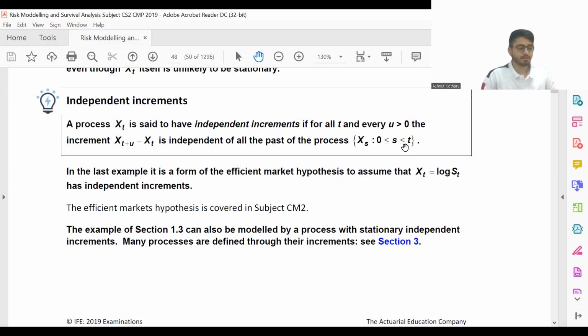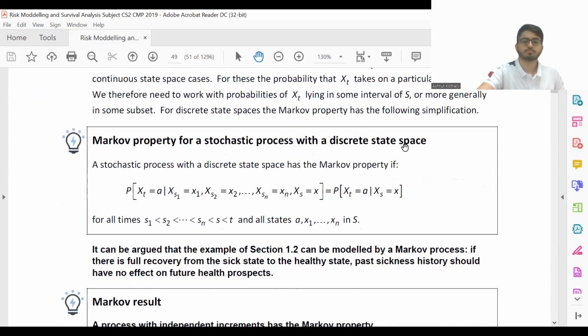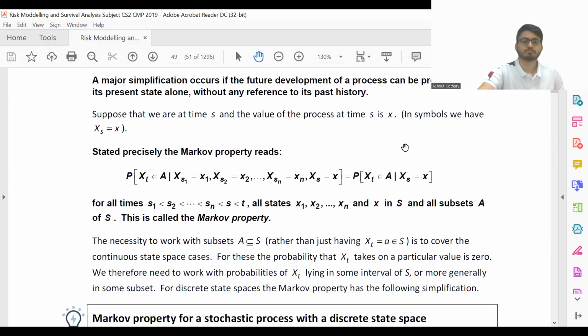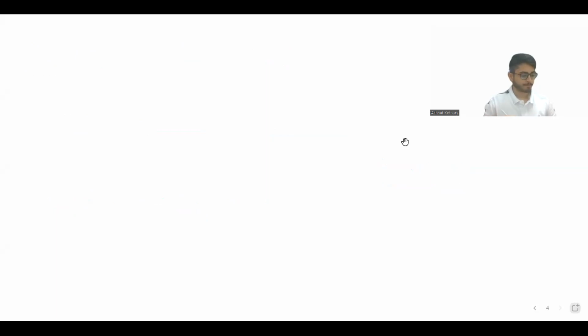Next, give the heading Markov property. So under Markov property, take down this.